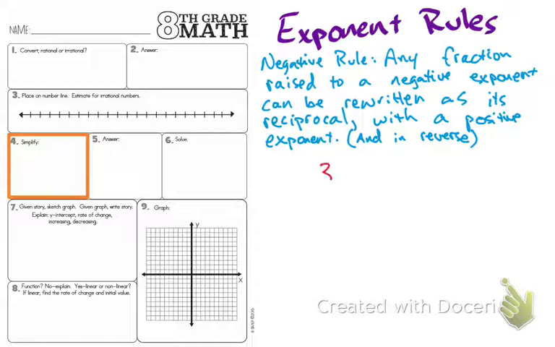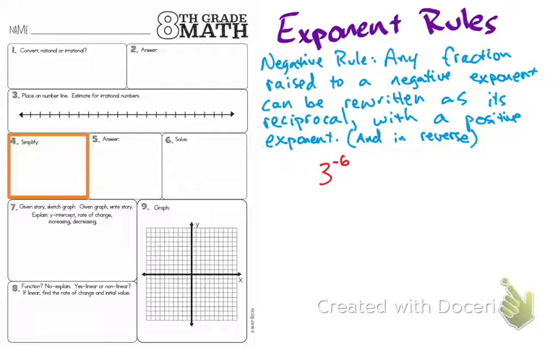In this case, if I had a number like 3 to the negative 6th power, it's a lot easier in general to work with positive exponents. So what we can do is we can turn this into the reciprocal. And if you don't remember what that word means, it means that we're going to flip our fraction upside down.